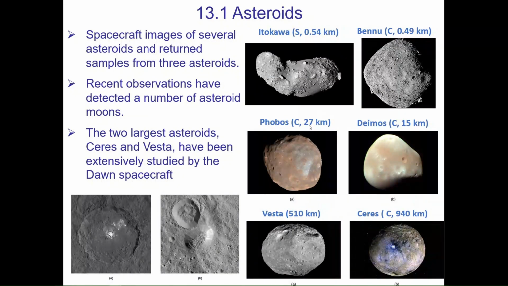You can see the larger one, Phobos, is 27 kilometers across, and Deimos is 15 kilometers across. Both are C-type in terms of type of asteroid. And if you remember from the previous chapter, when we look at the moons of Jupiter and Saturn, there are a lot of small moons.